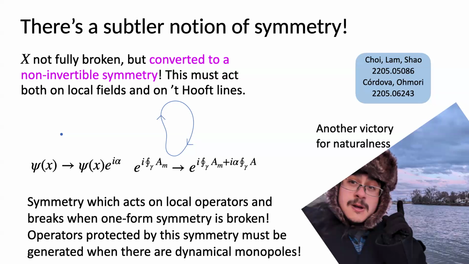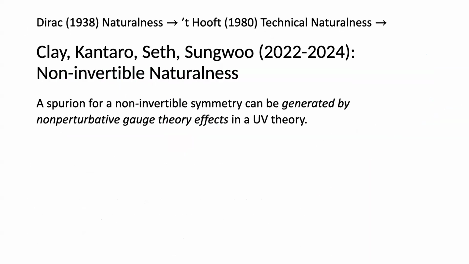And so you learn from an infrared symmetry analysis that whenever in the UV magnetic monopoles are introduced of the right sort, at least, if there were some operators that were protected only by this non-invertible symmetry, they must be generated at that stage. That's really amazing and gives us some concrete insight into model building.